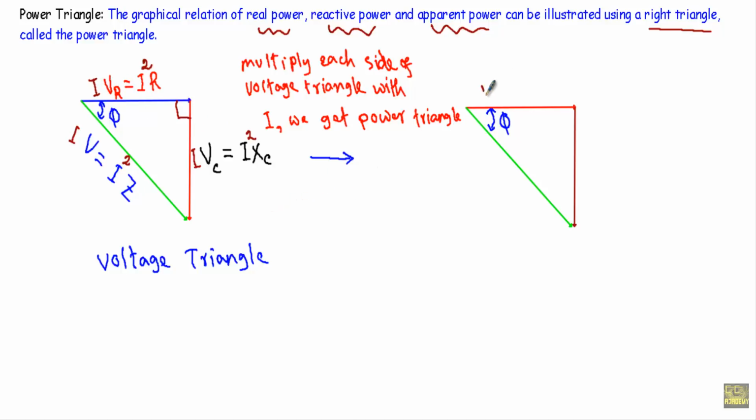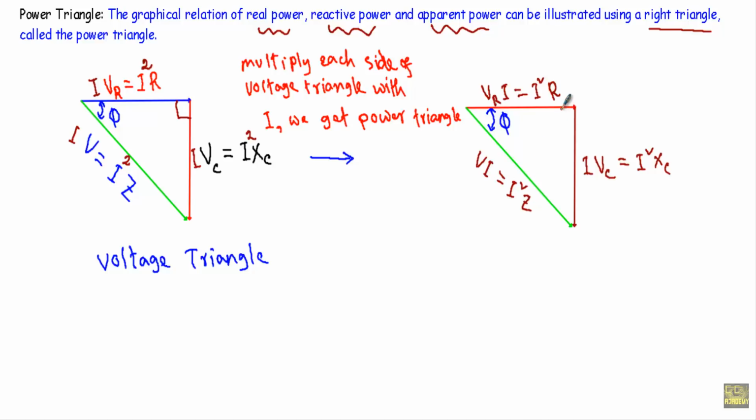So in this direction we will get VRI equal to I square R. In this direction we will get I VC, or I square XC, and in this direction we will get VI, or I square Z.